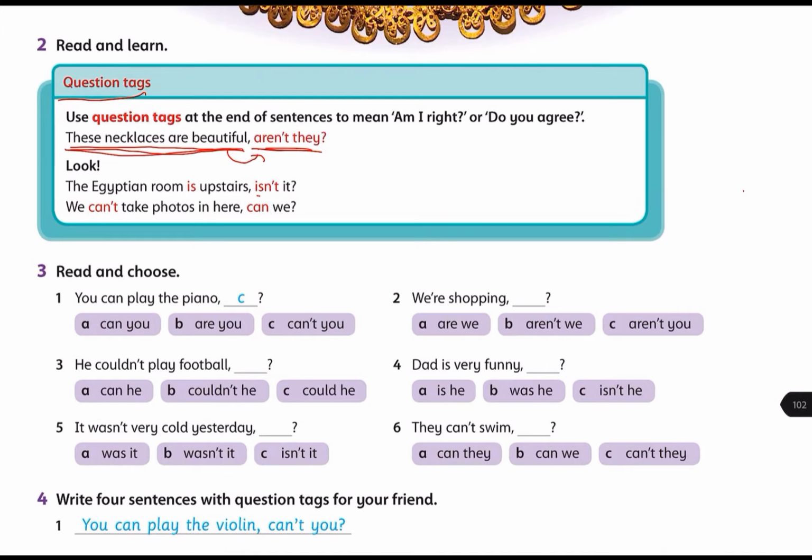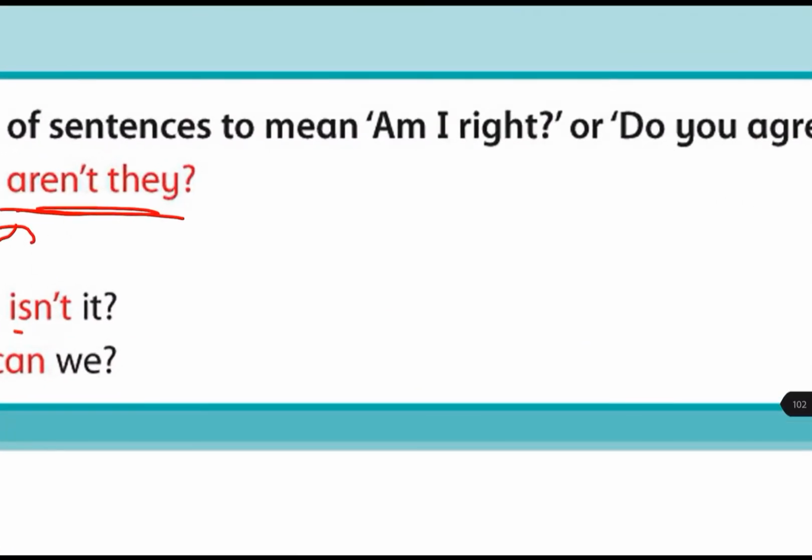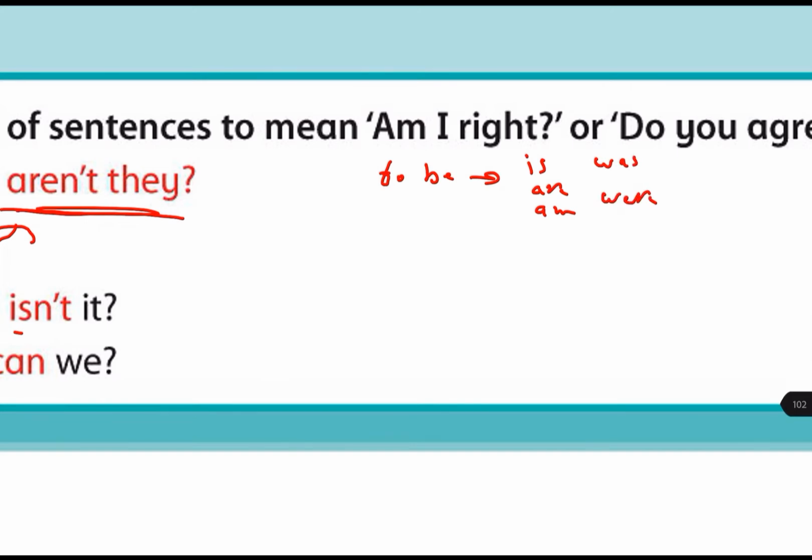Also, one more note: we have to use auxiliary verbs for making a question tag. For example, auxiliary verbs like the verb to be: is, are, was, were.